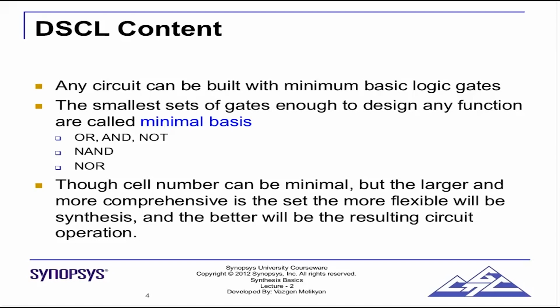Now, in a typical, let's say, 90 nanometer or 65 nanometer technology node in industry, typically the standard cell library will have at least 200 cells. Let's see what is contained in those 200 cells.